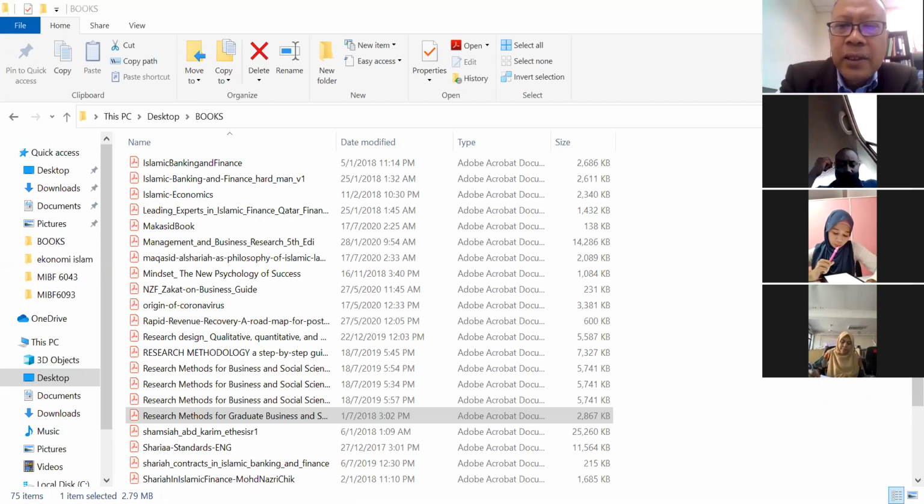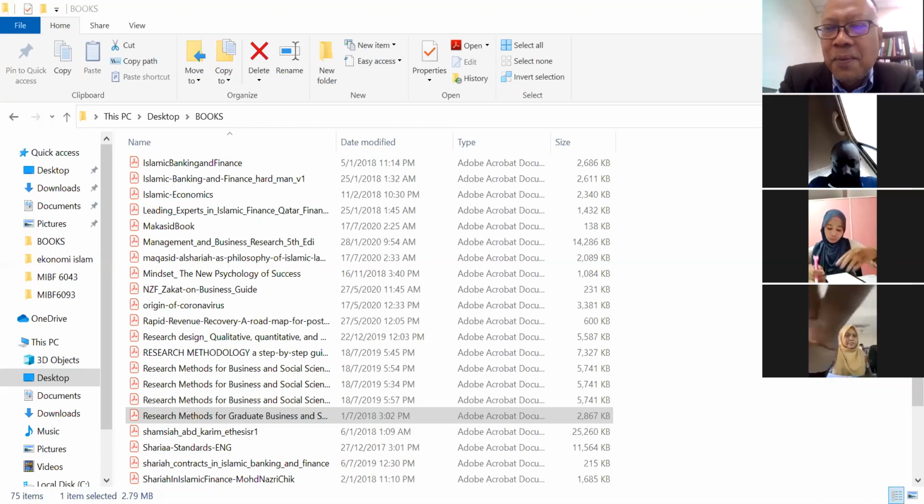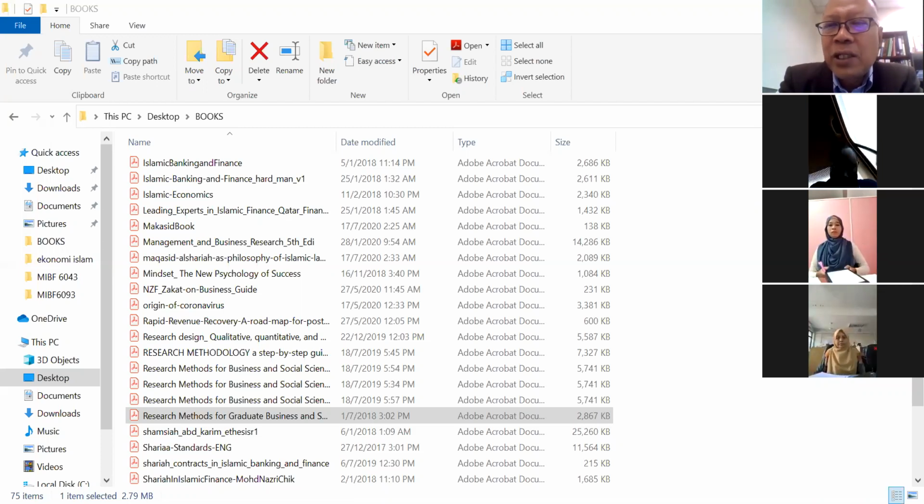Then the quantitative researchers will go and collect the data, analyze the data, get the findings, and test whether the data accept or reject the hypothesis. So the process is the other way around.